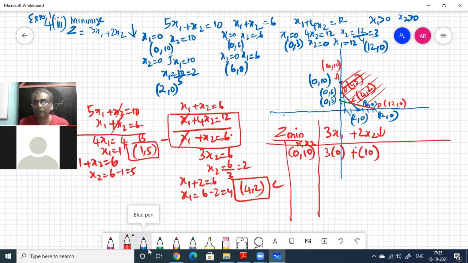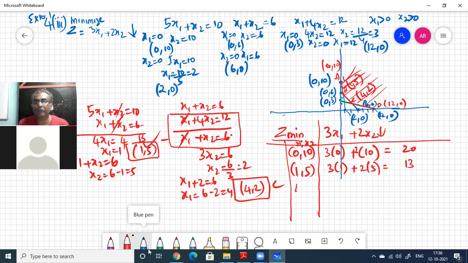This is equal to 20. You have to find the minimum. B is 1, 5. 3 into 1 plus 2 into 5. 3 plus 10, 13.